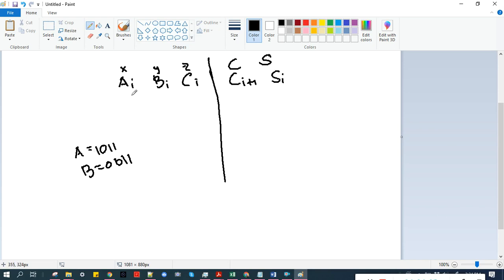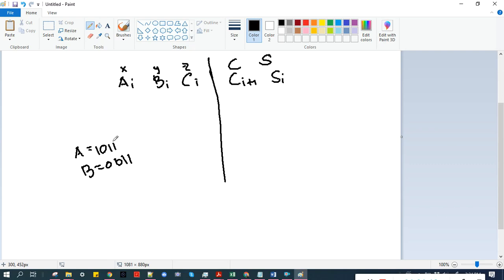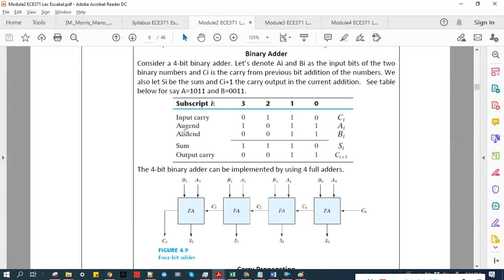Where is our A subscript I, 3210. So this is our A0, A1, A2, A3, and this is A3, right?